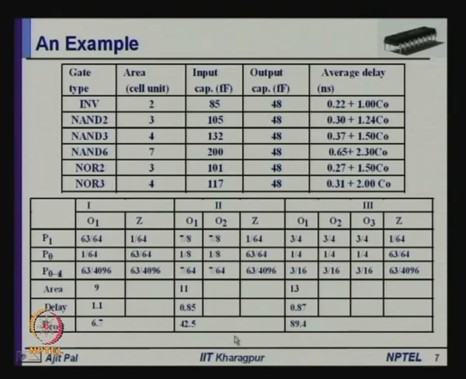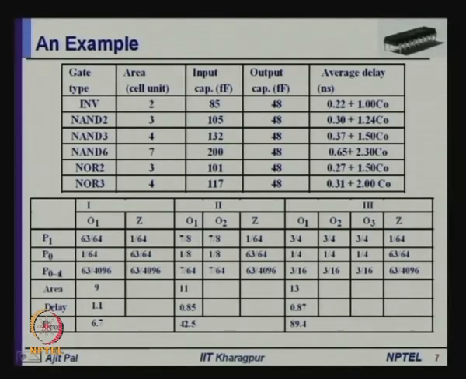So, this example clearly demonstrates that you may realize the same function in different ways by choosing different cells from the cell library, and that may give you different area, different delay and different dynamic power dissipation. So, depending on your requirement, you can do the technology mapping.